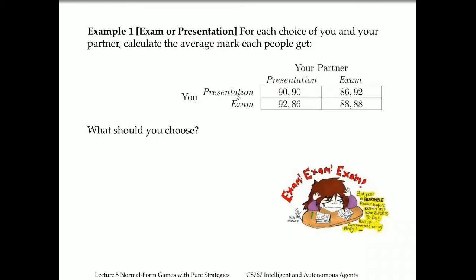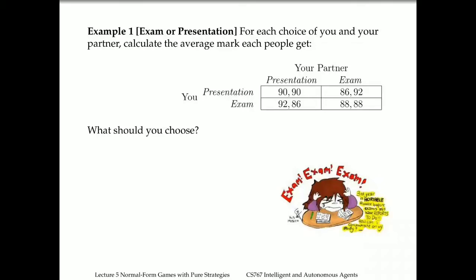So, for example, if you choose to prepare for the presentation and your partner chooses to prepare for the exam, then you're in an interesting situation, because you actually did all the work to improve the presentation mark, while your partner is being a bit selfish, free riding on your preparation of the presentation to get 92 in the presentation, but at the same time he prepares for the exam, so he will get 92 in the exam.